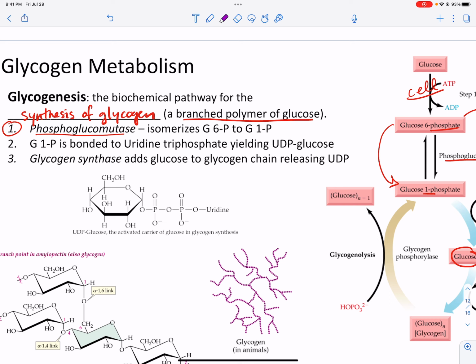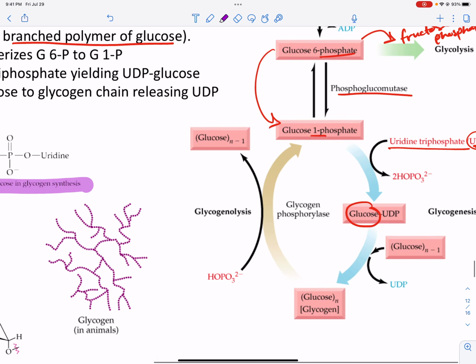So here's glucose, and then you see the 2 phosphate groups in the middle, which is a diphosphate, so that's why we call it UDP glucose. And this is the activated carrier of glucose in glycogen synthesis. It's kind of like its chaperone or its chauffeur to get to glycogen.